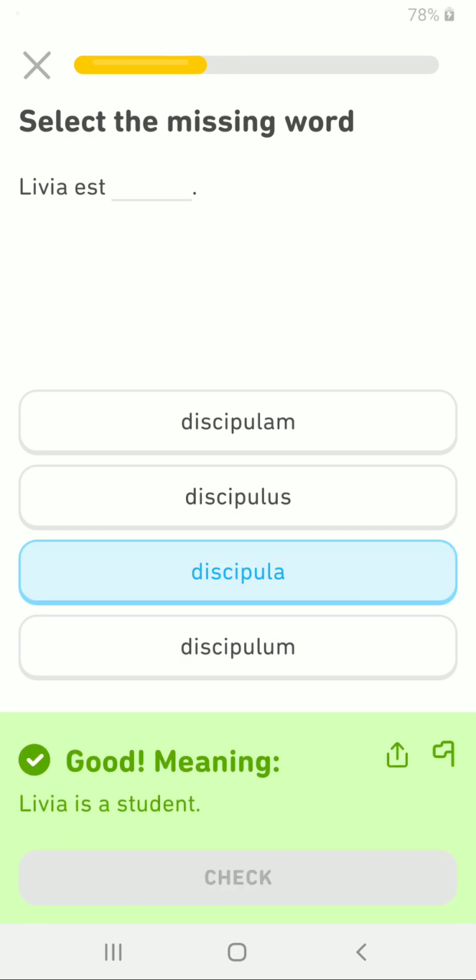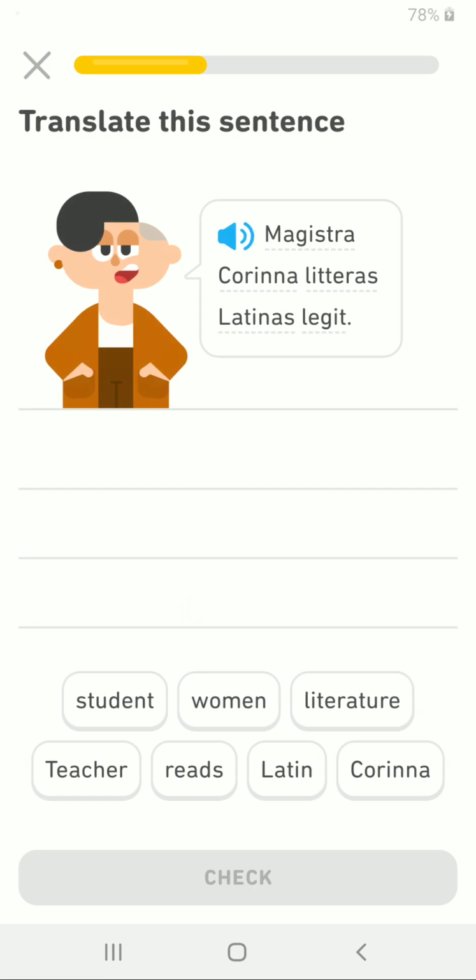And magistra Corina litteras latinas legit. So here also we see litteras latinas instead of something else, like litteris. But okay, I don't know. We will try to figure it out.